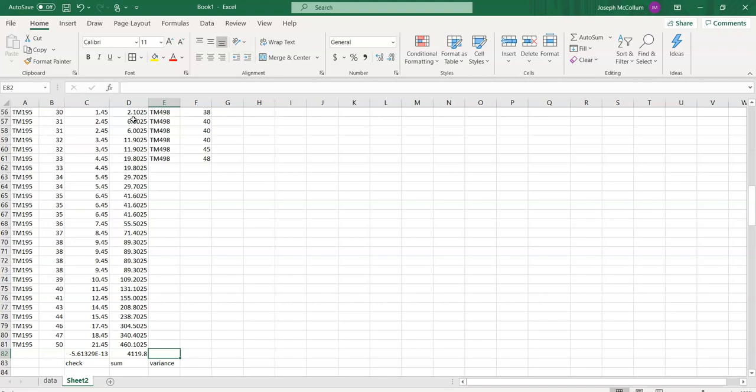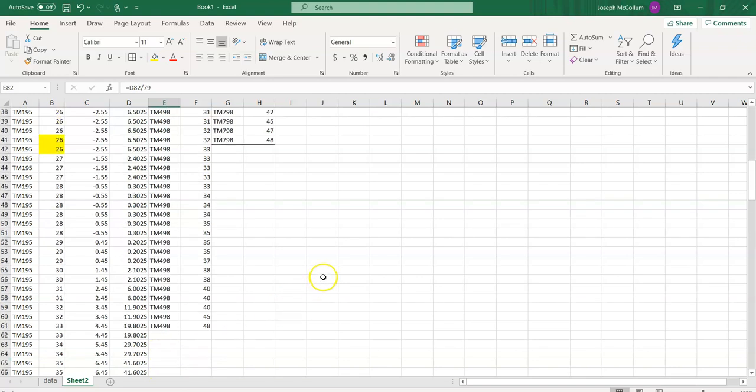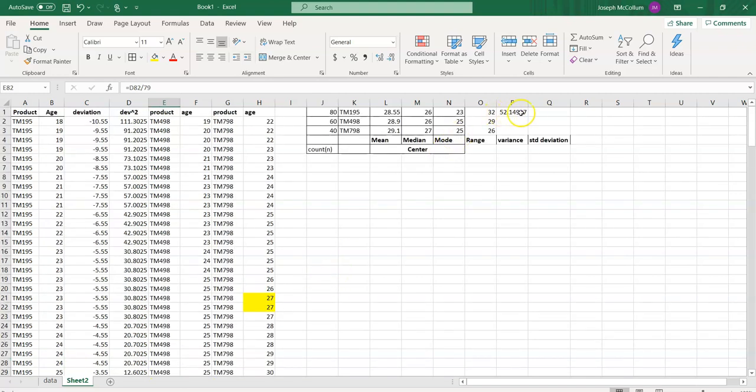So we sum up the deviation squared, and then we divide that number by n minus 1. In this case, remember, n was 80, so we divide by n minus 1, which is 79. So our variance is 52,149, which is the number that's reported right here.